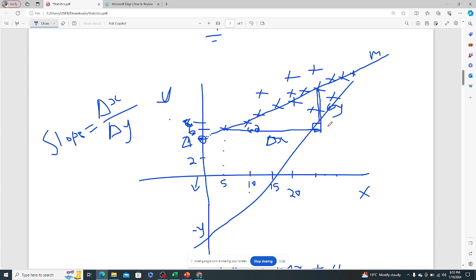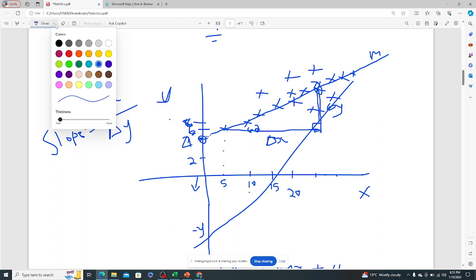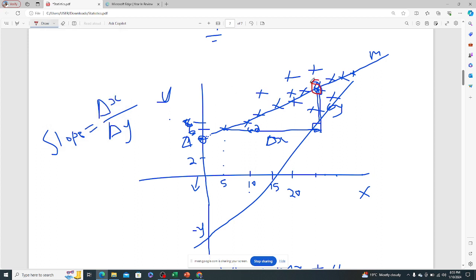Okay, so meaning this value minus this value, you'll get the change. We are looking at the difference between this value. Let me use a different color. Between this value, okay, basically it will be here.